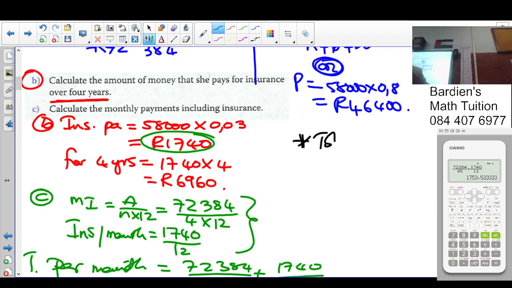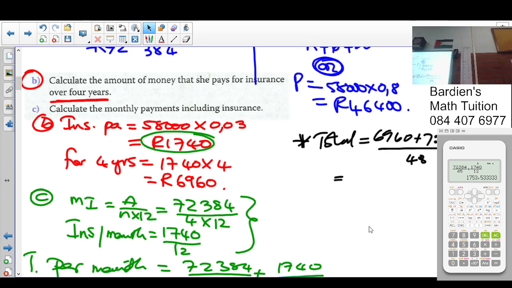that your total is going to be the sum of the two, which is 6,960 plus, what's it, 72,384 rand, and that's over 48. So it's 6,960 plus 72,384 rand, that's over 48.